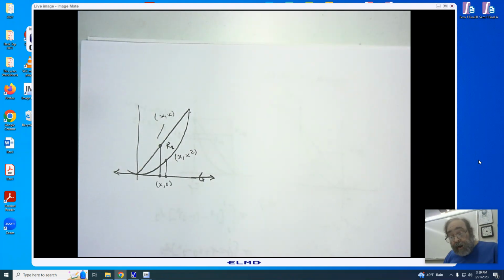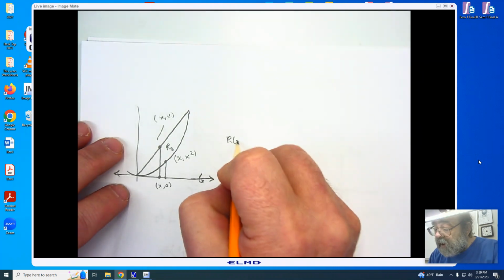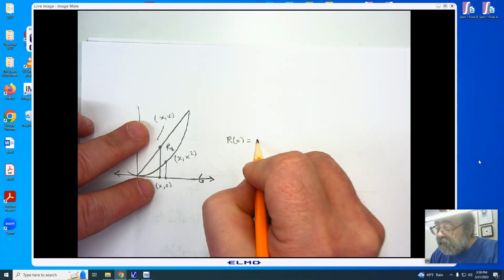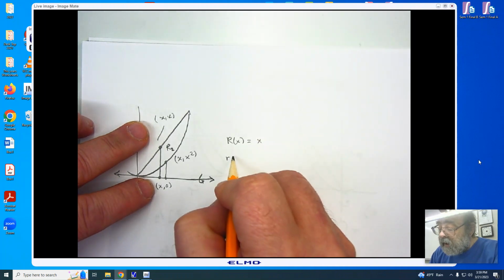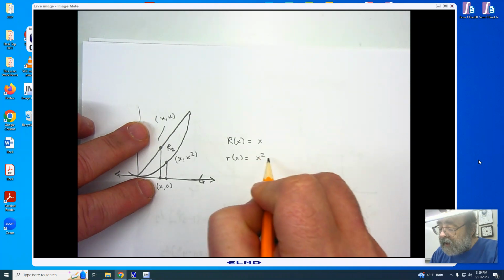Notice we have a big R and a little r, so we're going to have to go through and find them. My big R of x is going to be x minus 0 for just x. Little r of x is going to be x squared minus 0.